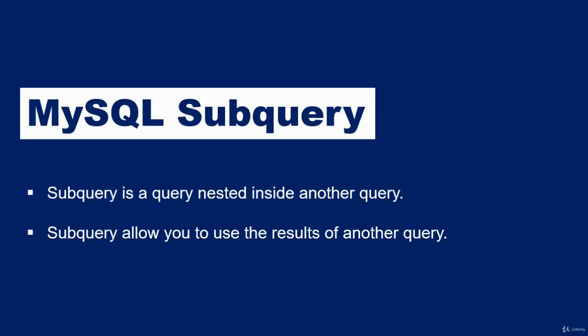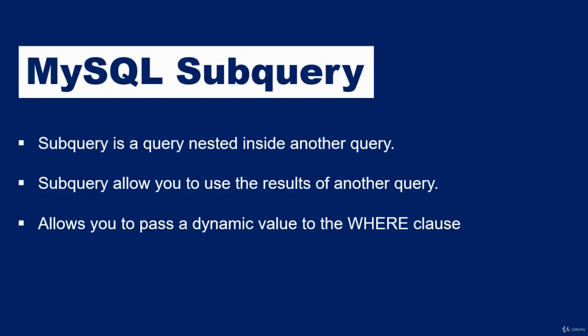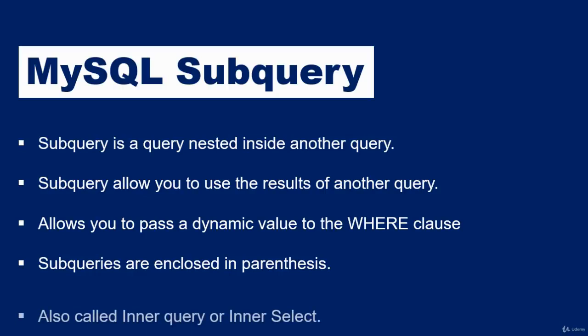This basically allows you to pass a dynamic value to the where clause, as the value will depend on the result of the query. Subqueries are normally enclosed in parentheses, and they can also sometimes be referred to as an inner query or inner select.